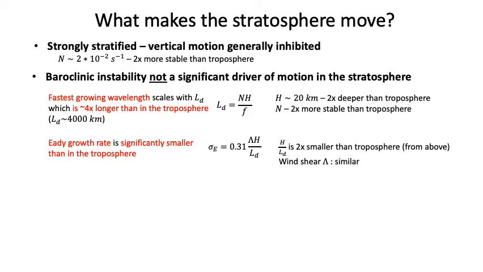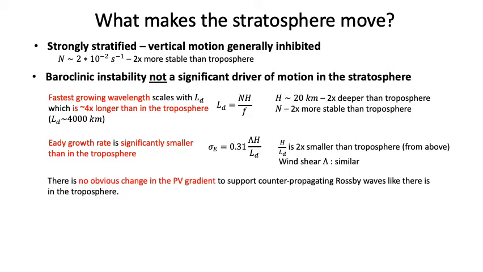We just thought about H and the deformation radius. That ratio is twice as small in the stratosphere than in the troposphere, given what we went through above. And then the wind shear varies quite a bit. It's arguably somewhat similar. But again, you're getting a smaller Eady growth rate principally from that H over L_D factor.